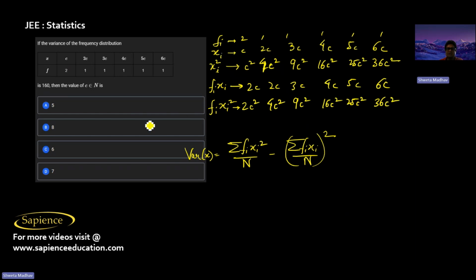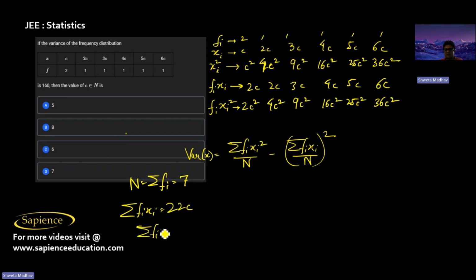Then we have to find the summation of Fi, which is capital N, the sum of all the frequencies, that will be 7. Then summation Fi Xi will be 2C plus 2C, so 4C, 4C plus 3C is 7C, 7C plus 4C is 11C, 11C plus 11C is 22C.